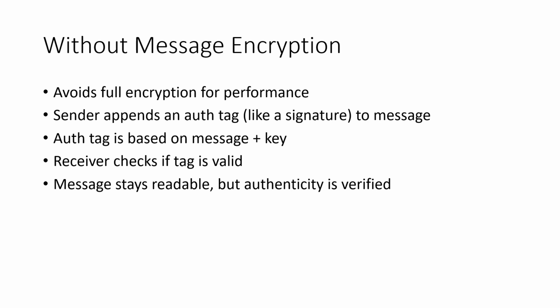When the receiver gets both, they compute the expected tag themselves and check if it matches the one they received. If it does, the message is considered authentic. This approach keeps the data transparent while still ensuring integrity and authenticity. The actual algorithms for generating these tags are what we'll explore in the next slides, starting with the MACs.